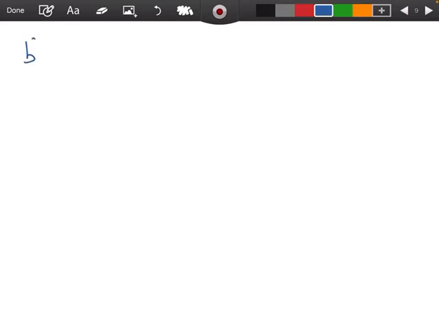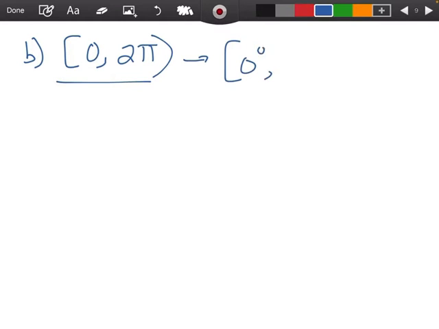Now, there is a part B to the question. Part B says, can we find the intervals, or all the answers, on the interval between 0 to 2 pi? So notice, this here is given to me in radians. I want us to think about that for a second, though, y'all, in degrees, okay? And again, the reason I'm going to go with degrees, it's just easier for me to do the computations, okay? So remember what we came up with for our answers?